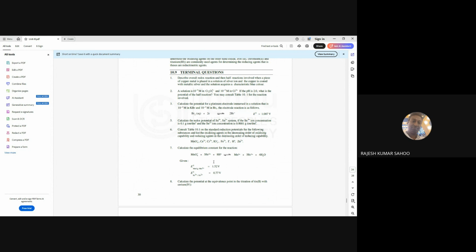So E cell equals 1.52 minus 0.77, into how much? 0.0591 by n, log of Fe3 plus concentration by Mn concentration, A into B, this equation. You put it in this equation.